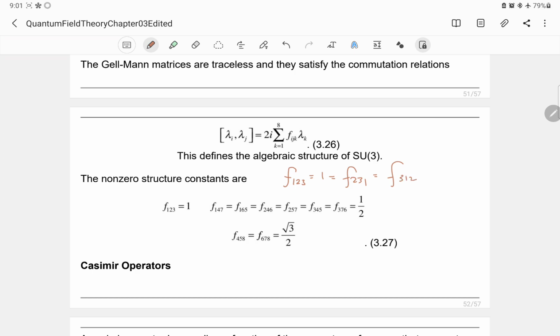This is a cyclic permutation of 1, 2, 3. But for non-cyclic, you will have negative. So F 1, 3, 2 would be negative 1, and this is just equal to F 3, 2, 1 and F 2, 1, 3. So that's the algebra for SU3.